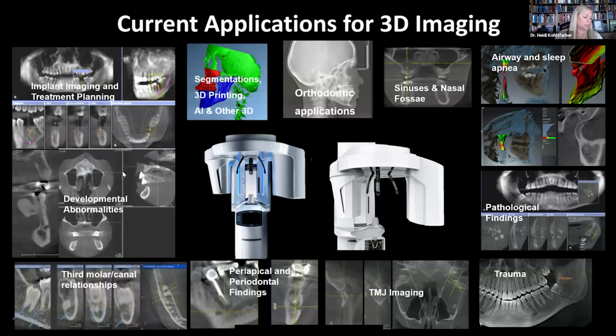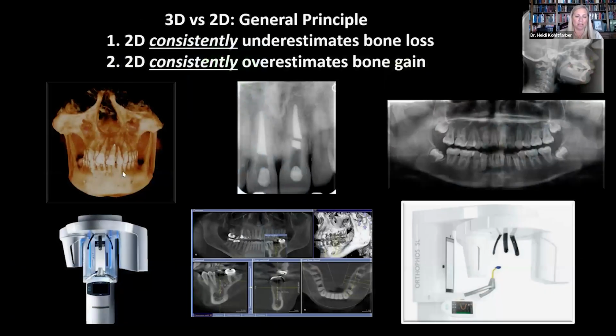The two we're going to talk about today, just because of time, and that's quickly ticking away, are our implant imaging and our endodontic applications. When we're looking at our CBCT, there's a general principle that 2D consistently underestimates the bone loss and consistently overestimates the bone gain. And we do see that time and time again.